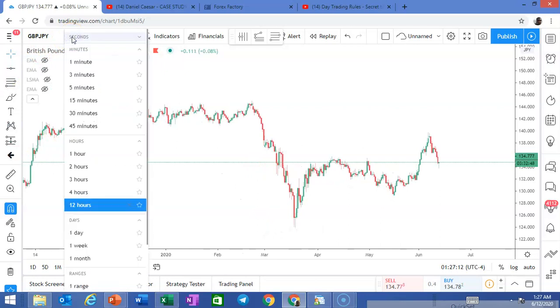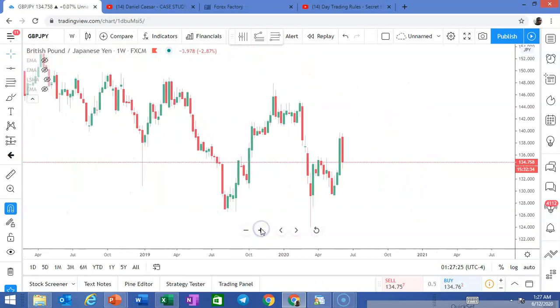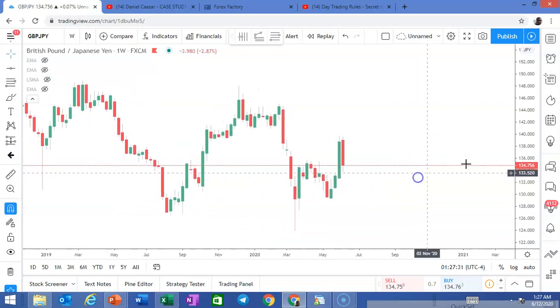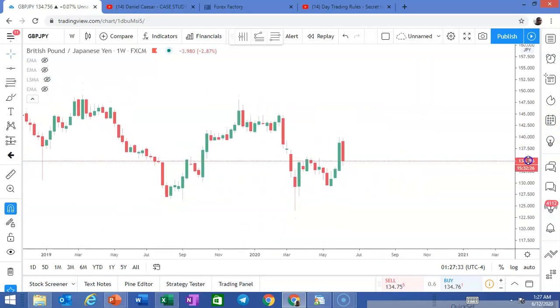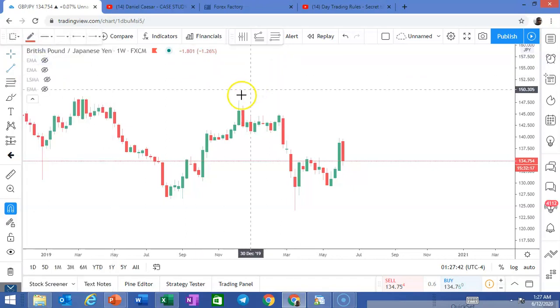All right. So if you've been following me, you know that when I'm looking at support and resistance and I'm looking to draw trend lines, I start from the weekly, right? I start from the weekly. I go over here to my handy dandy tools. I click on trend line.